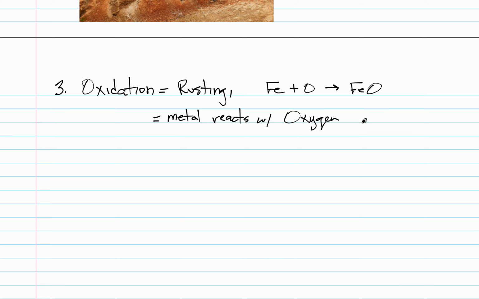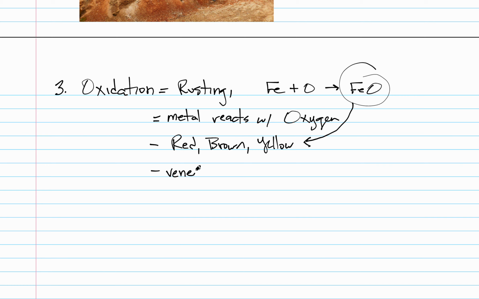If we're getting more into the chemistry of what's going on here, this is going to produce minerals that tend to be red, brown, and yellow when we're specifically dealing with iron. These often also are just making a veneer. Just like if you have a hammer and you leave it out in the rain, you get a rust covering that metal, but that rust doesn't go all the way through it. It's just a thin veneer on the surface.